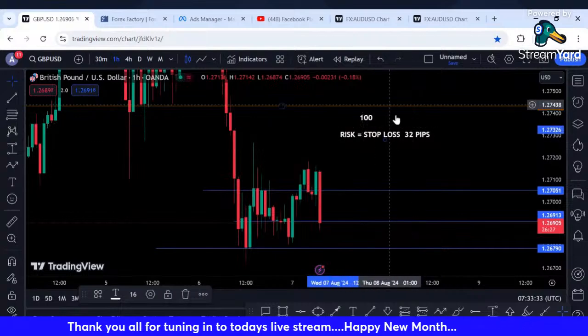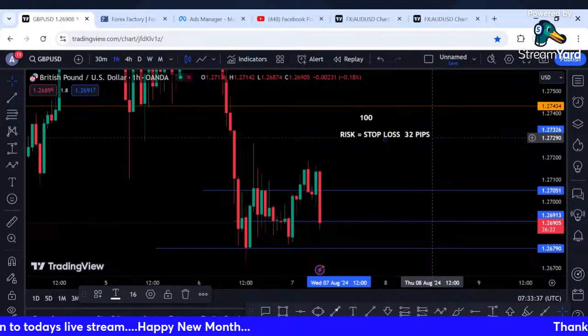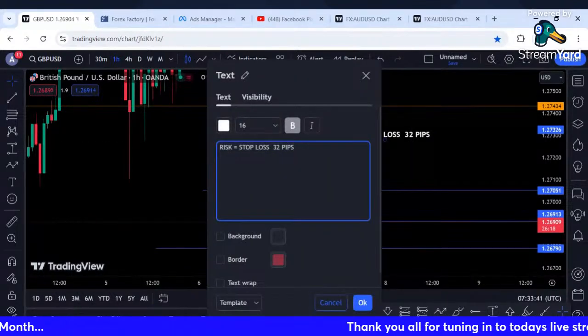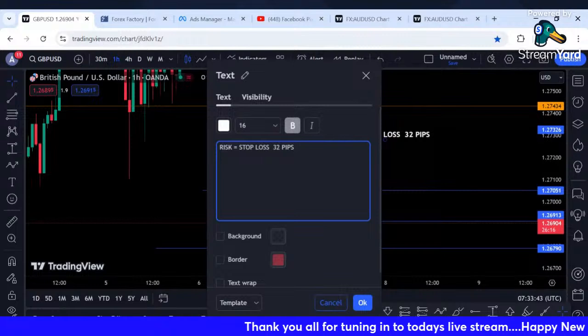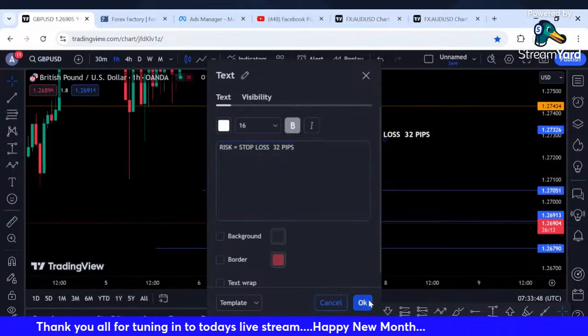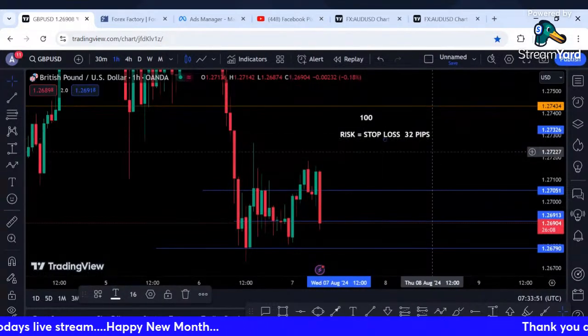If you are risking 20% on $100, you are going to get 20. If I'm wrong, someone can correct me. So okay, I'm willing to risk like 20.